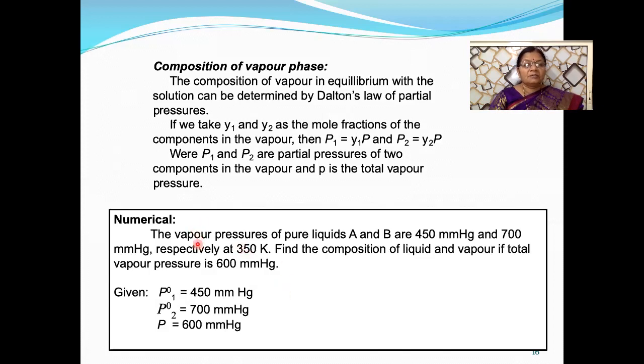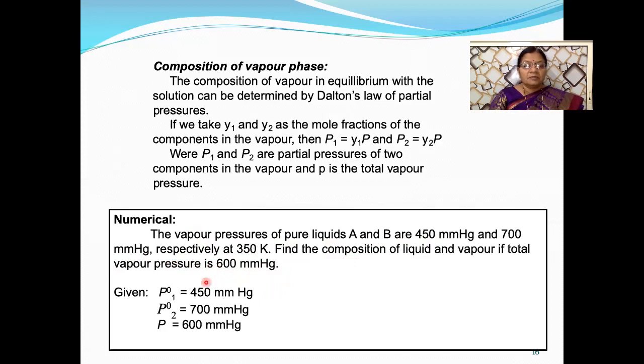See the numerical. Vapor pressures of pure liquids A and B are 450 mm mercury and 700 mm mercury respectively at 350 Kelvin. Find the composition of liquid and vapor if the total vapor pressure is 600 mm mercury.